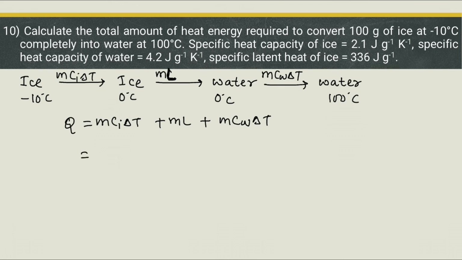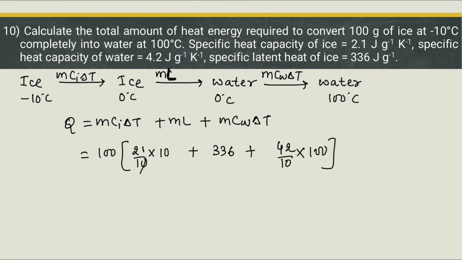I can take mass common first so that the calculation becomes a little easy. c_i is 2.1 or 21 upon 10, delta T is 10, plus L is 336, plus c_w is 4.2, 42 upon 10, into 100. The zeros cut. So this is 100 into 21 plus 336 plus 420.